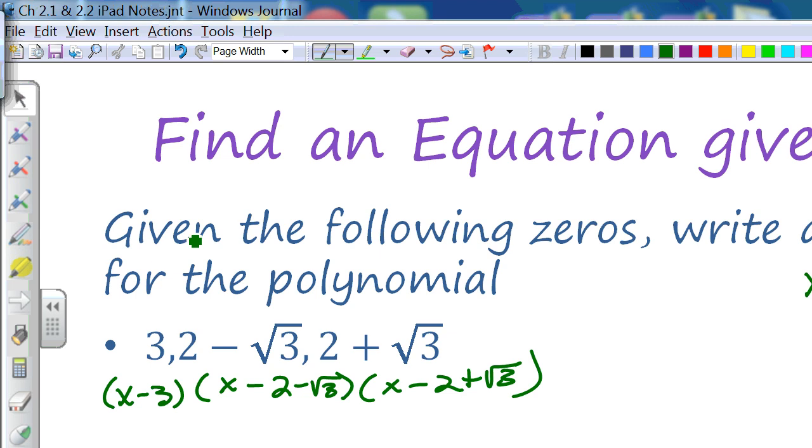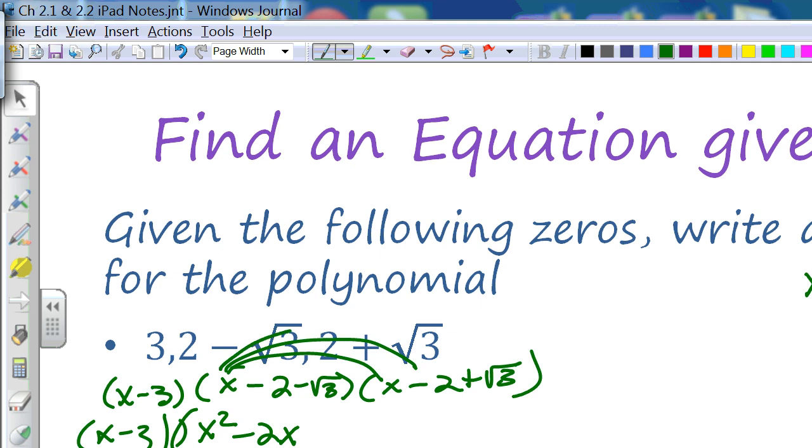So when I multiply this out, I have x times x, which is x squared. Now I have x times minus 2, x times minus 2, and x times root 3, so I have a minus 2x.